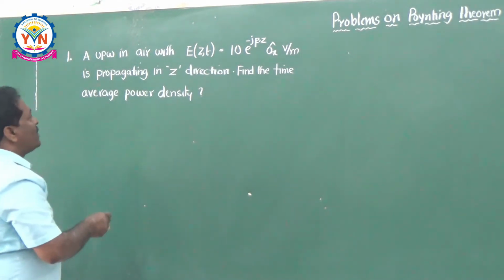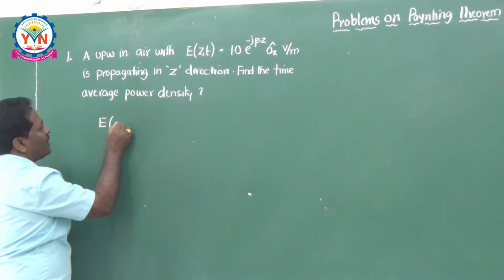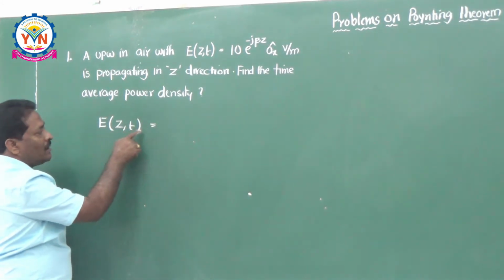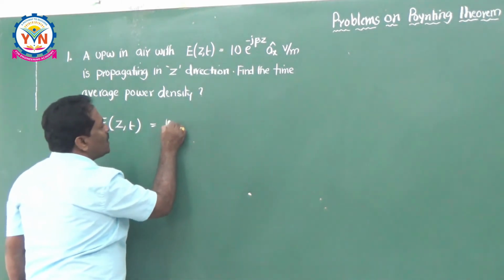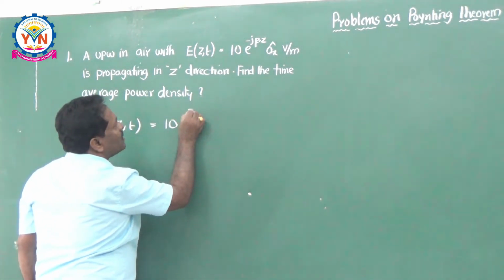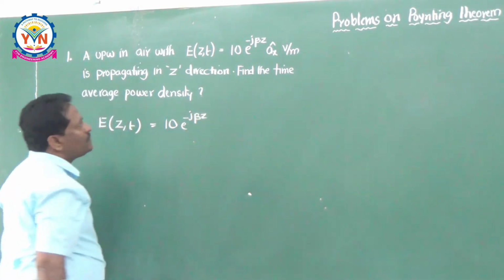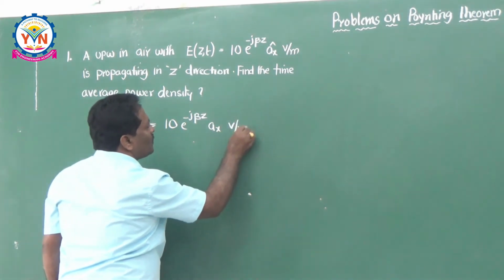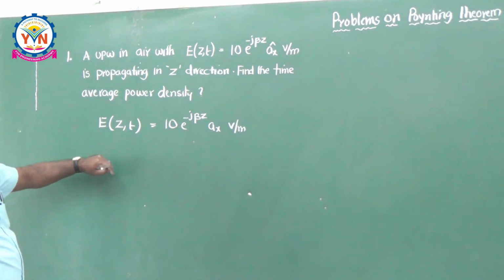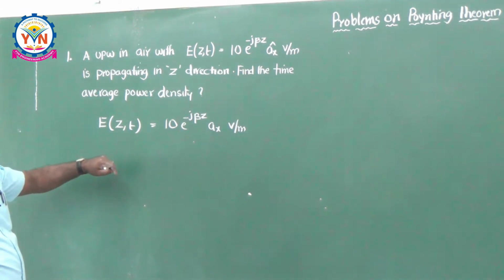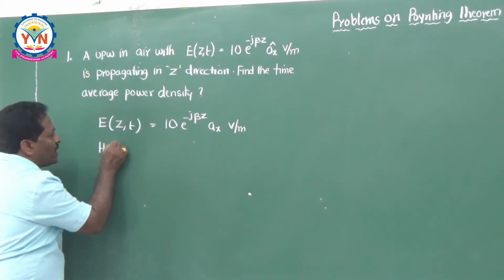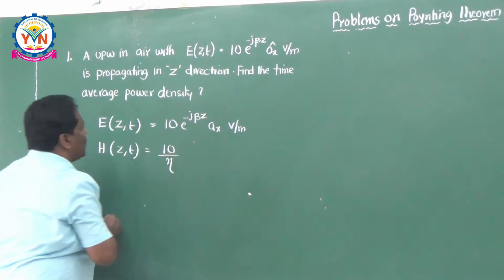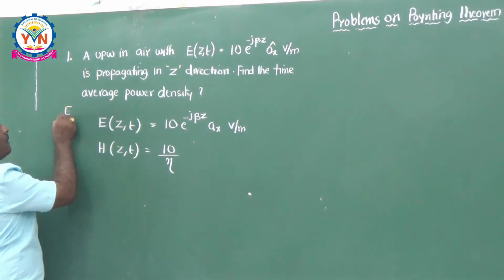So E of z comma t is the wave propagating in the z direction and varying with respect to time, equal to 10 into e to the power of minus j beta z. The electric field is in the x direction, and the unit is volts per meter. From this equation, you can write down the magnetic field equation also. H of z comma t is equal to 10 by eta, because you know the relation between E and H in free space, E by H is equal to eta.